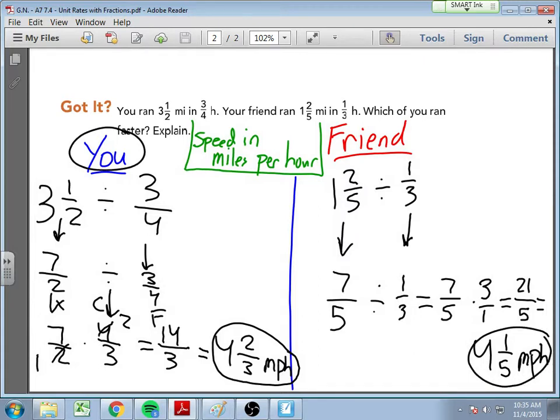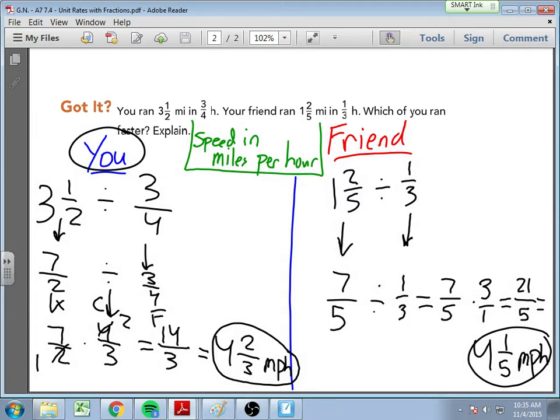Alright, Peyton, explain it real fast for us. Okay, everybody needs to be quiet so we can get through with this. So 3 1/2 is equal to 7 over 2 divided by 3/4, which goes into KCF, and you have 7 over 2 times 4 over 3, which is 14 over 3, which in mixed fraction is 4 and 2 thirds.